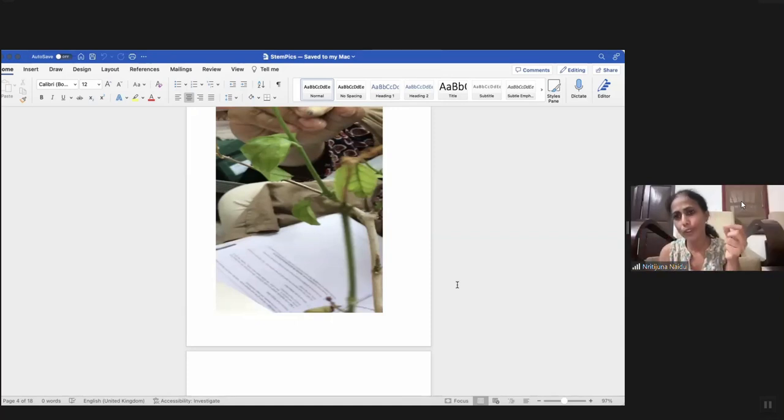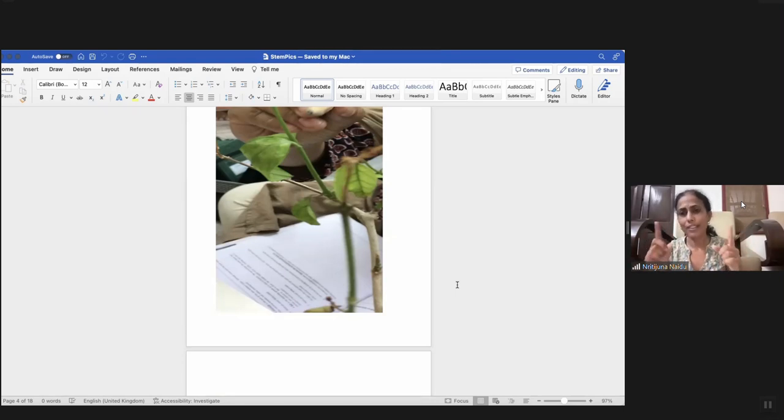If you have a stem with you, slice out a very thin cross section, like you're going across the stem. Ideally, you put it in a dye, but even otherwise, you can see it. Put it on a glass, cover it with a cover slip, put it under the microscope and see it.